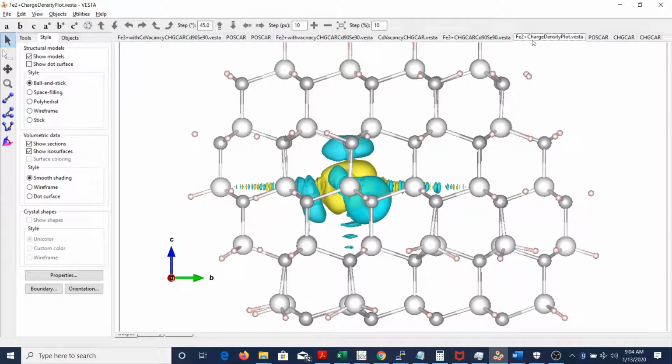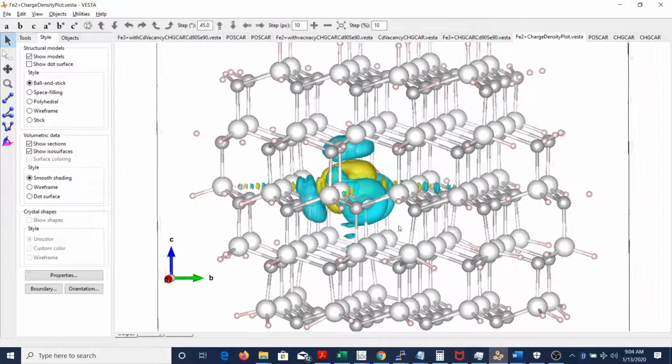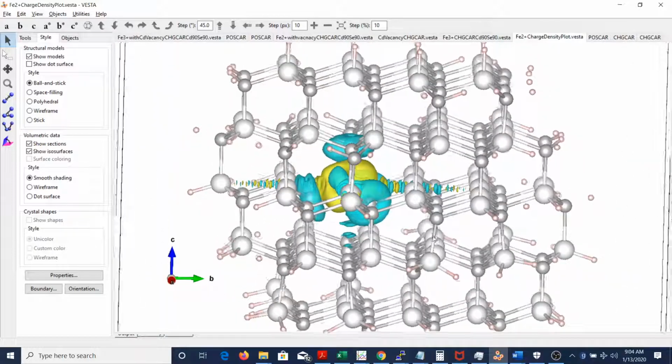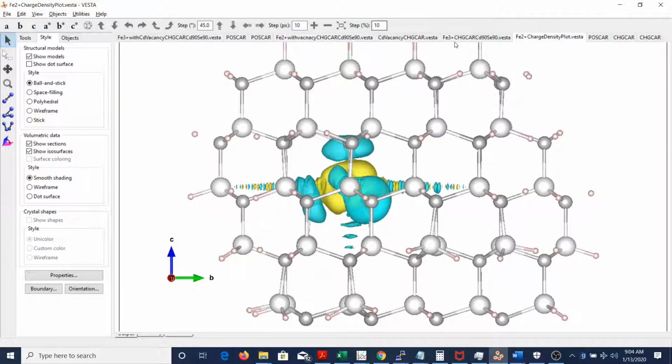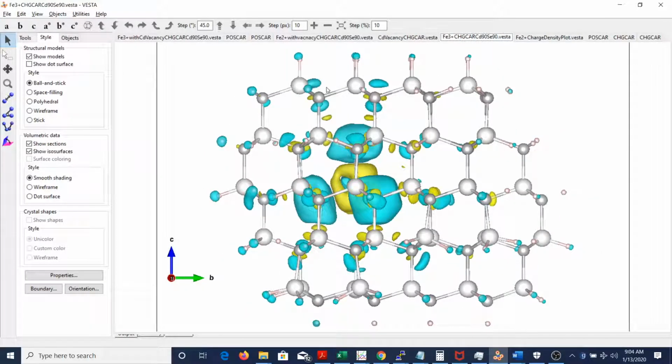Right away, you're seeing a huge difference in how the charge density is distributed, specifically in terms of the radius. If you look around over here, you won't see much change in the charge density on the atoms around the Fe2+. But when we look at Fe3+, you see that there is this charge distribution around here.